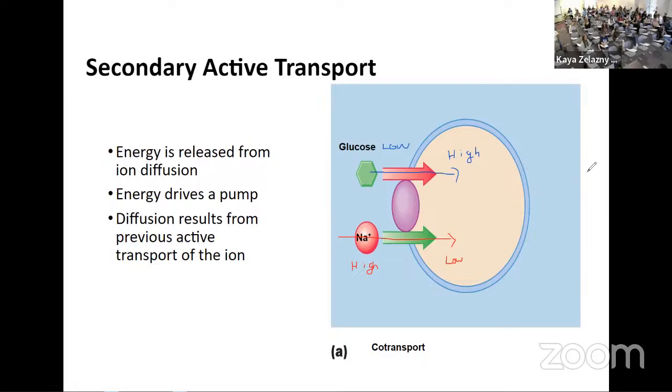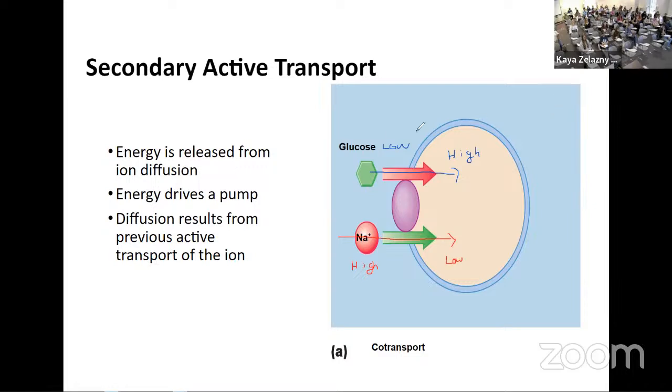So that's why it's active transport, is because it required the energy input somewhere to create that sodium gradient. Or you can think of that movement of sodium as essentially like the release of potential energy or kinetic energy across the membrane. And you can think of that physical movement of sodium as the energy that we're using to move the glucose.